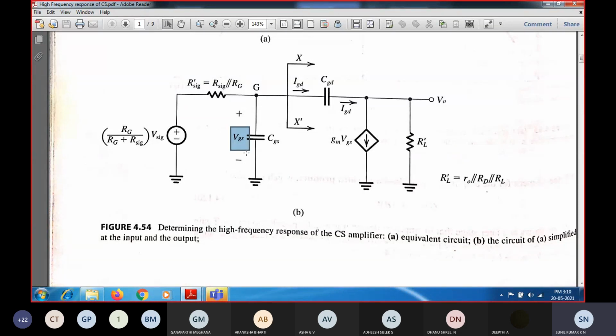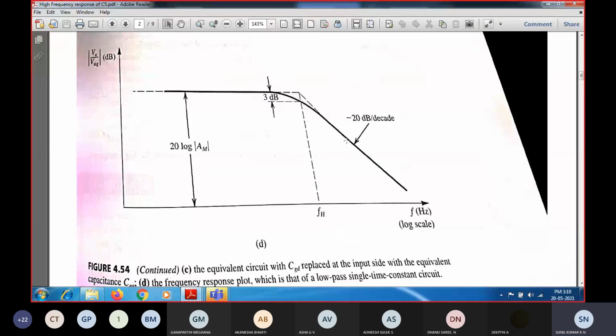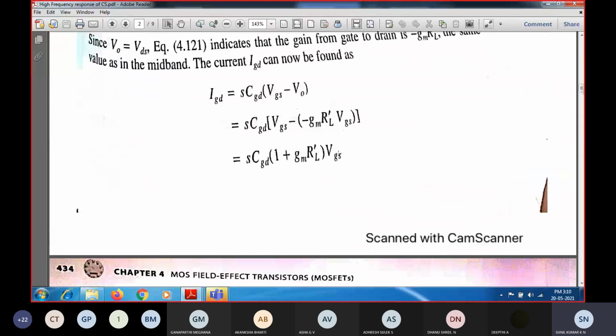It is VGS. And what is the voltage at the drain node? It is nothing but the output voltage V naught. So IGD will be equal to this voltage minus this voltage, that is VGS minus V naught, into the corresponding capacitance, that is S into CGD.